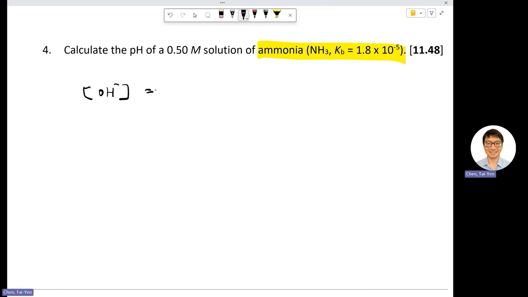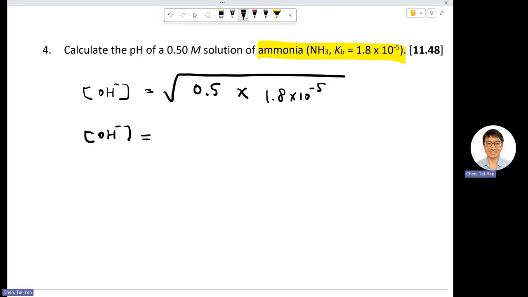So write out the OH minus concentration. It equals the square root of your base concentration, 0.5, times your Kb, 1.8 times 10 to the negative 5. Make sure you operate your calculator correctly. You should get an OH minus concentration of 0.003.